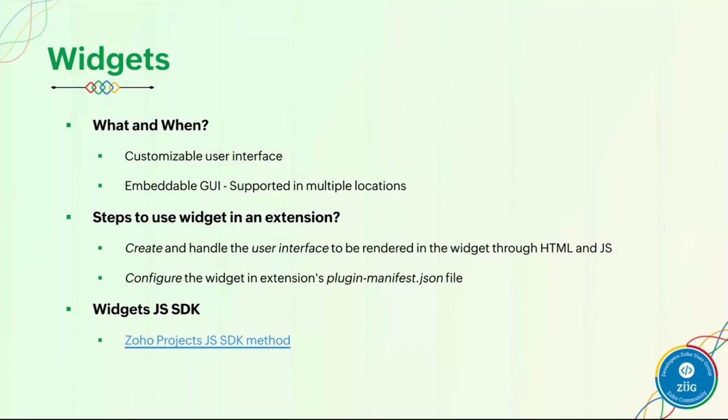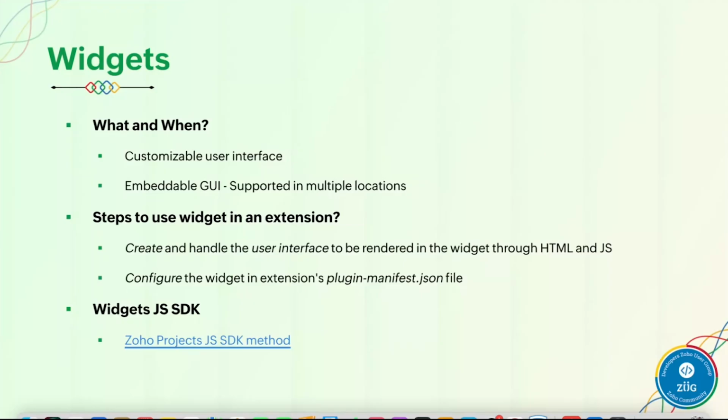So how can we build and use these widgets as part of our extension? Just like how we saw for connections, we have to first create the widget, which is going to be the UI for our extension, right? So when you're going to build a user interface, you'll have to have the UI and some logic for it. So you'll ideally handle your user interface, that is the widget, through HTML and JS code.